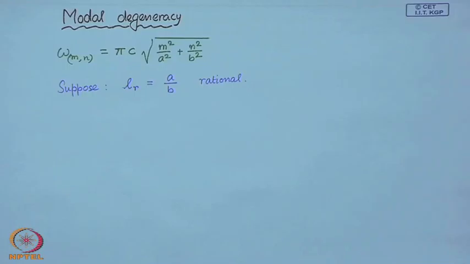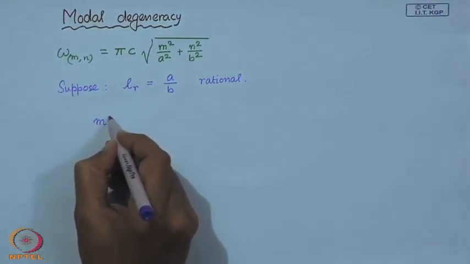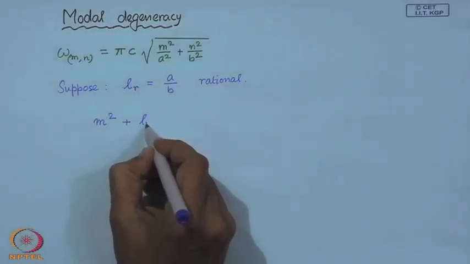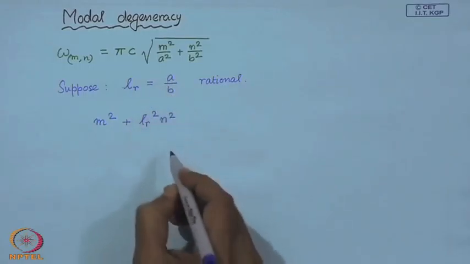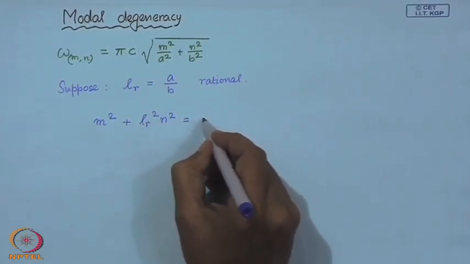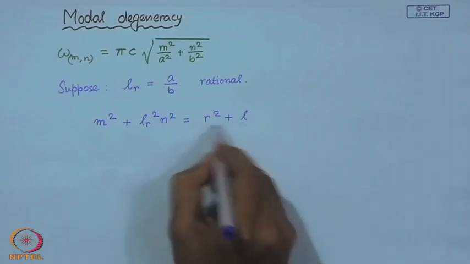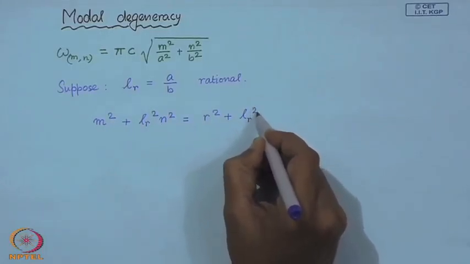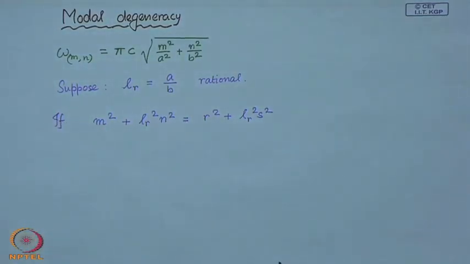Now, when this happens, we have an interesting possibility: m square plus n square times L r square, this ratio square, for different integers r and s, if this equals this.